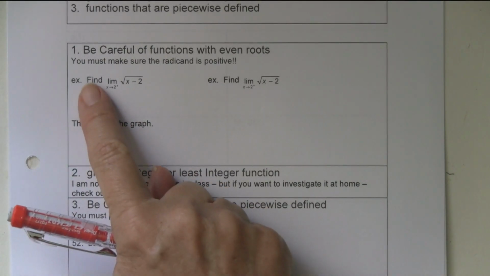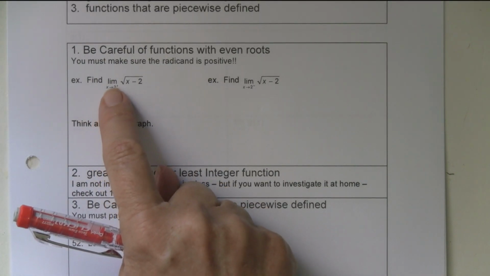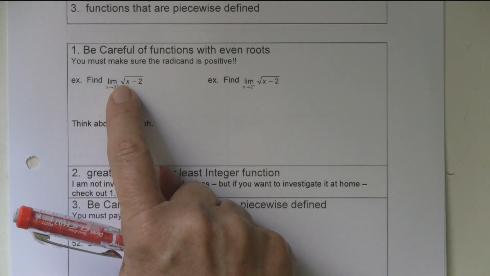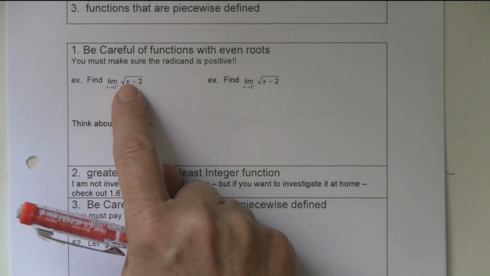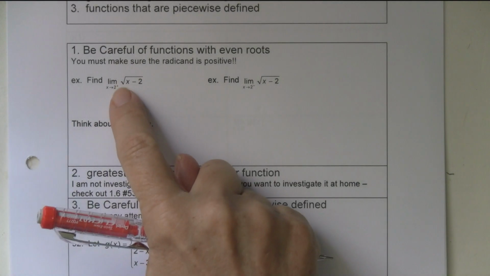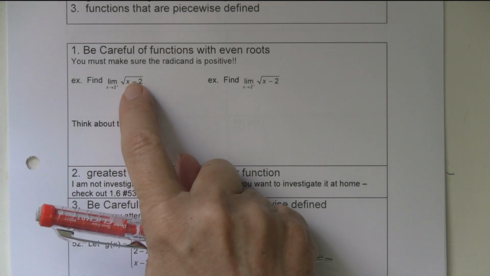For example, if I ask you to find the limit as x goes to 2 from the right-hand side of the square root of x minus 2, then here, because if you stay bigger than 2, this square root is always positive.